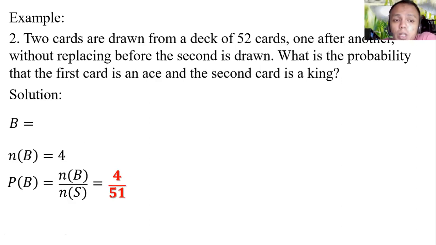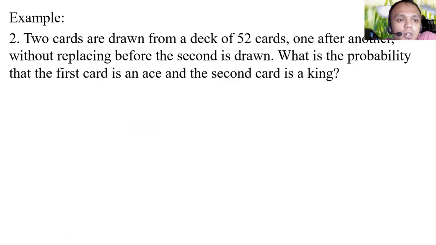Why? Because without replacement, it means the first card you drew, you did not return. So when you draw the second card, instead of 52 cards, there are only 51 left. So that's why we have 4 over 51.